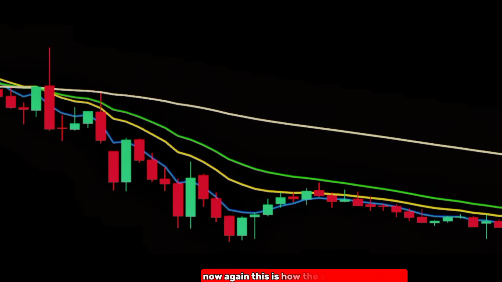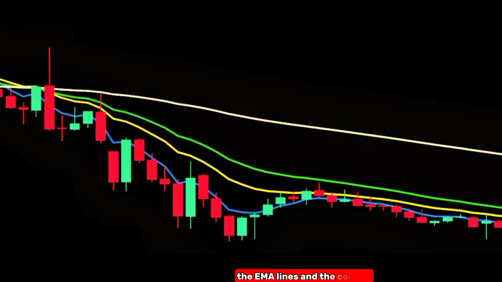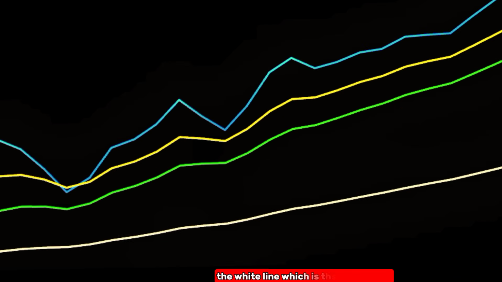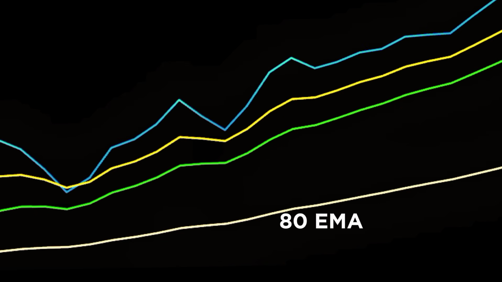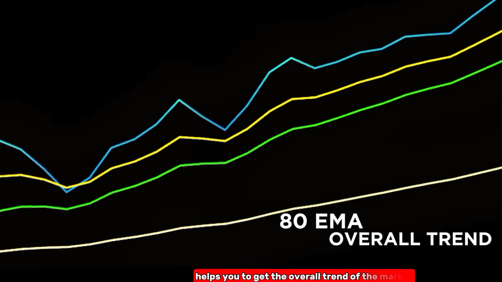Now, again, this is how the strategy looks like. The EMA lines and the colors all serve different purposes in this strategy. They are all special. If one of them is taken out of the strategy, it makes this strategy incomplete, and profits become harder to make. The white line, which is the 80 EMA line, helps you to get the overall trend of the market.